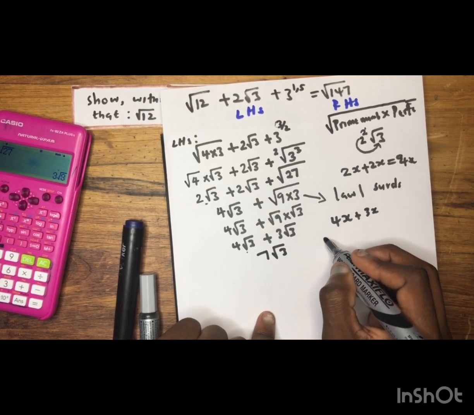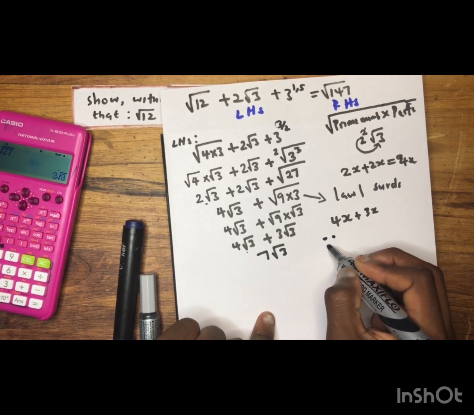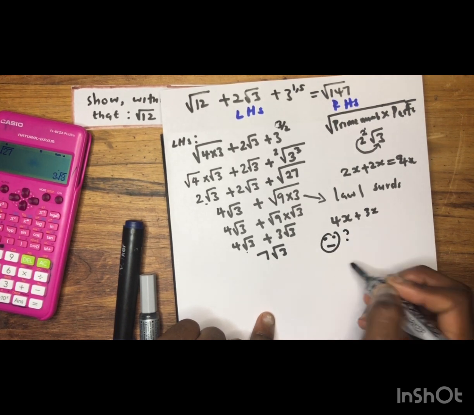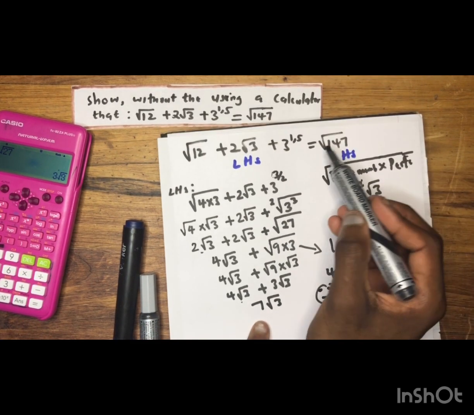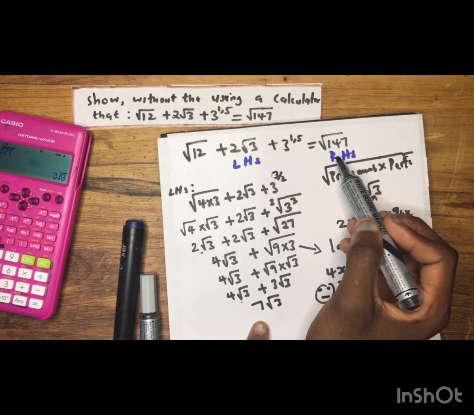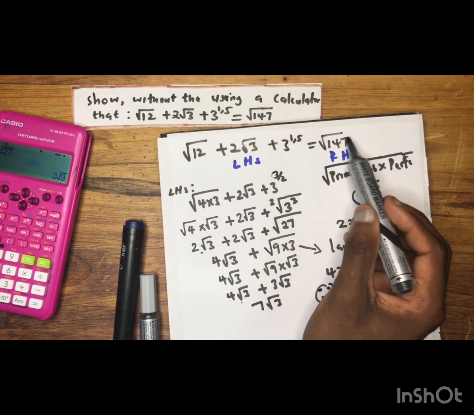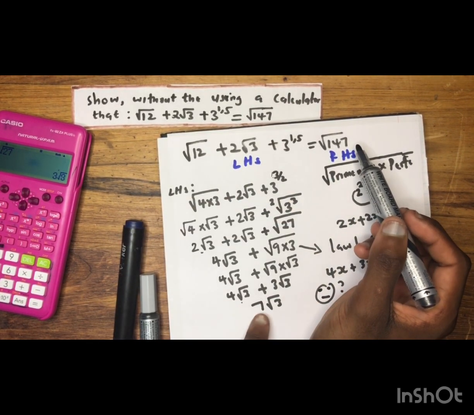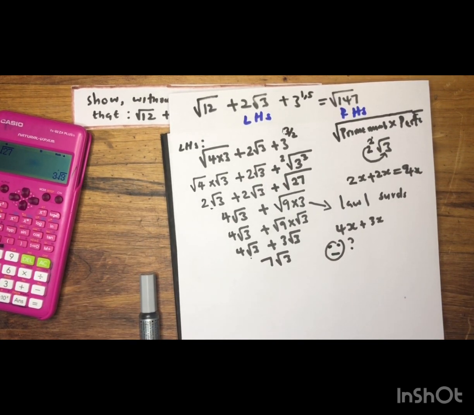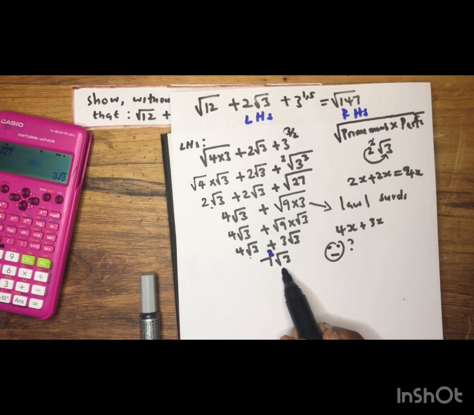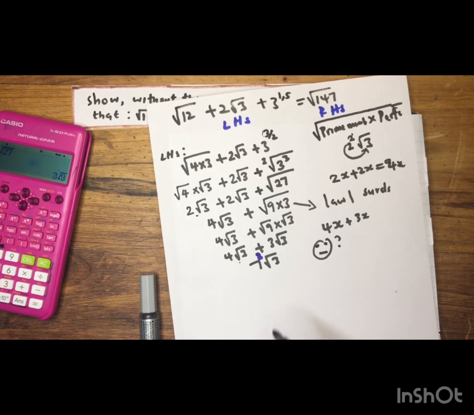Now, you're asking yourself again, is this what I want? No, because they said you must get root 147. But if you press root 147 on your calculator, you are going to get this one. So if we put the square root outside here, because we know that if we get this answer, it tells me that 7 was the perfect number here.